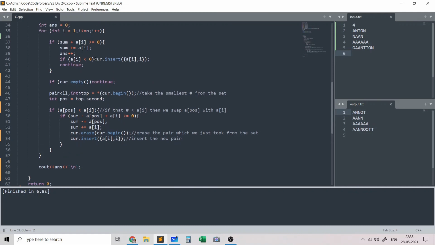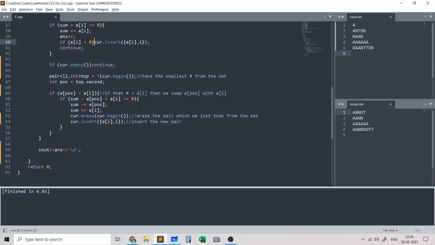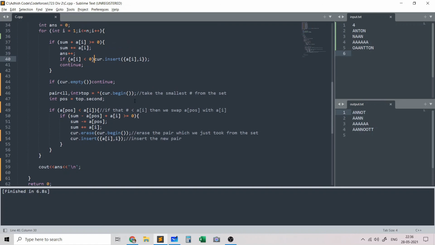Note that in the code I inserted only negative numbers. It's fine if you just insert all numbers, but if you look only at negative numbers, then you'll realize that the number won't be smaller than a_i. This is a slight observation which you can make, which is not needed to solve this problem.